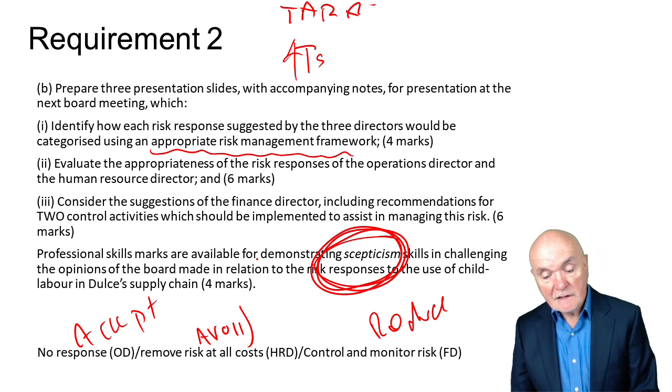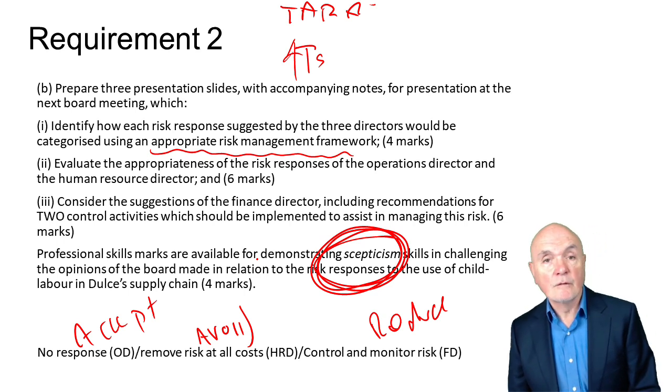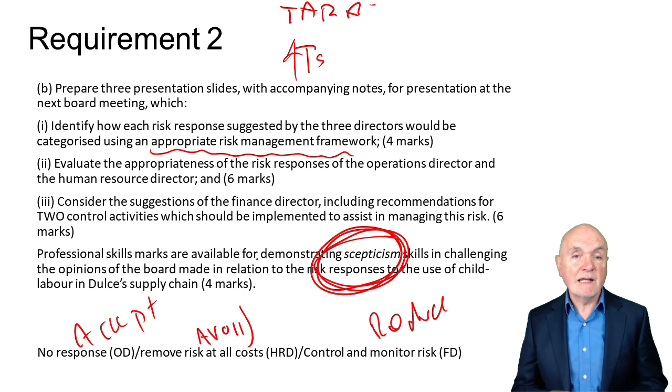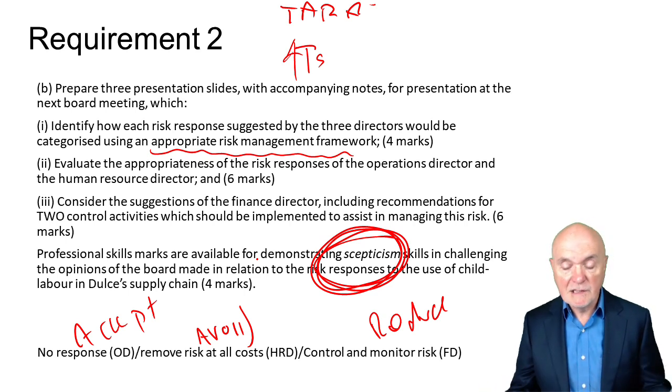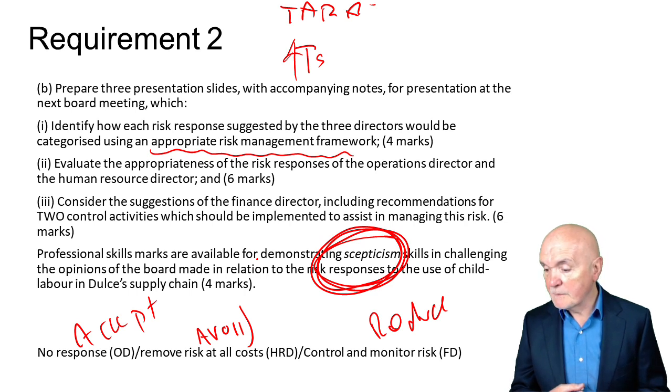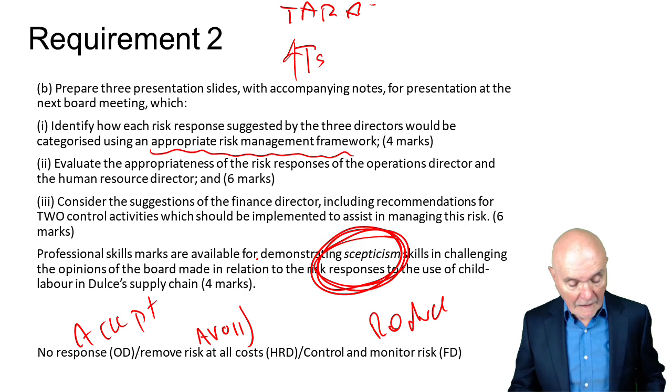2 control activities. One could be going and visiting. One could be asking for various returns, how many hours have these people worked, what are they being paid, let me see your wages bills, let me see the children's school reports and so on, if they're working more part-time and the like.